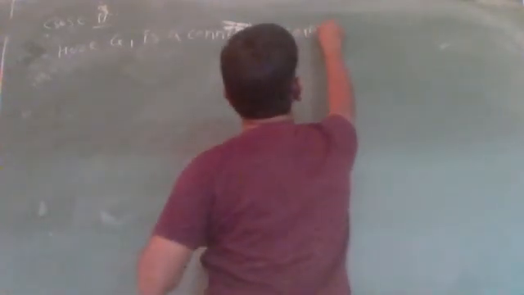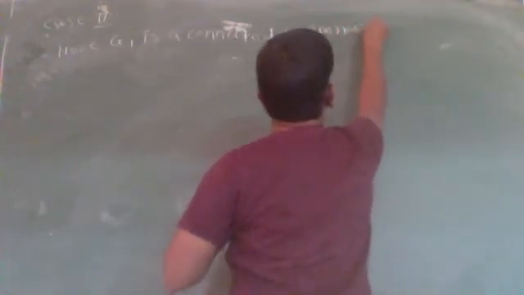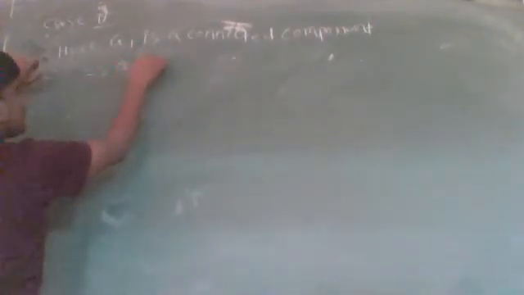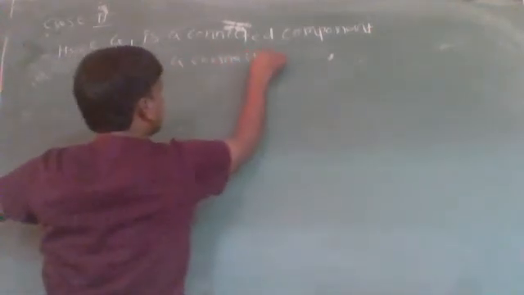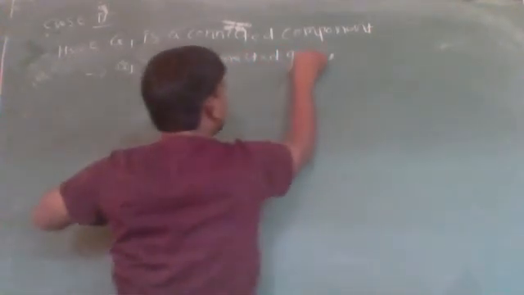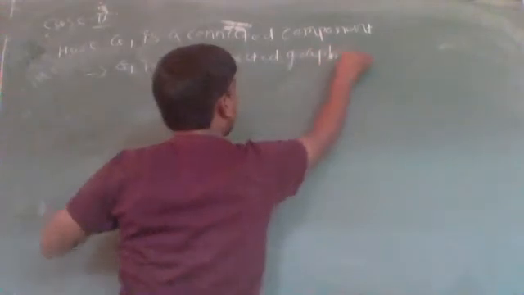As G1 is a connected component, G1 itself is a connected graph, and edge E belongs to G1 with end vertices U and V.